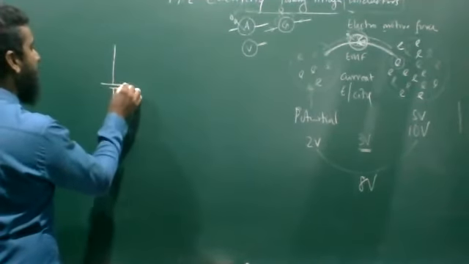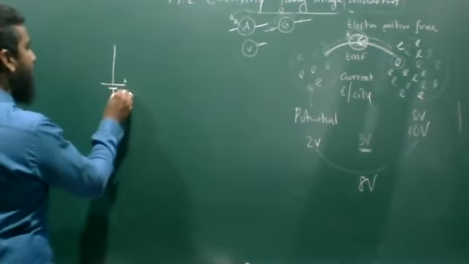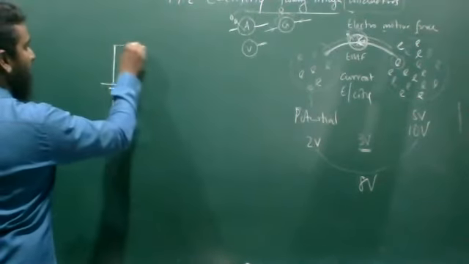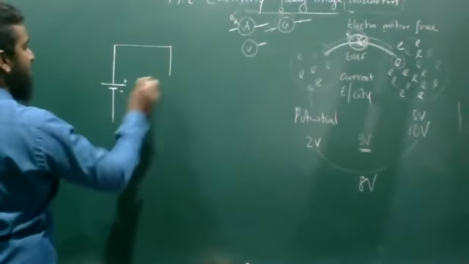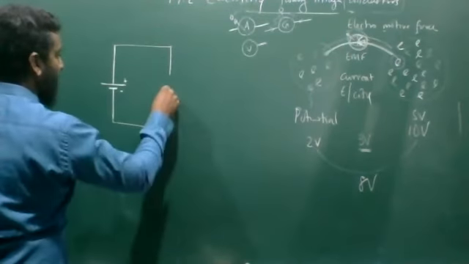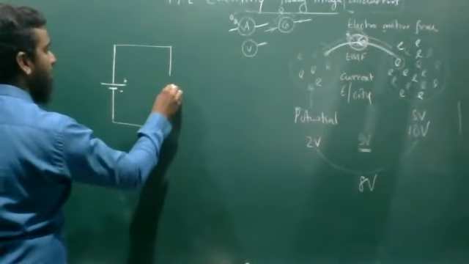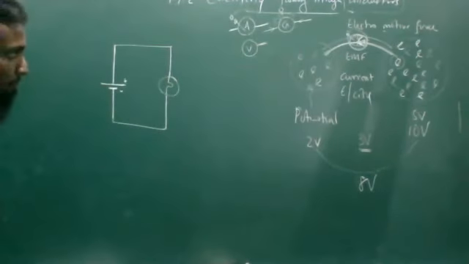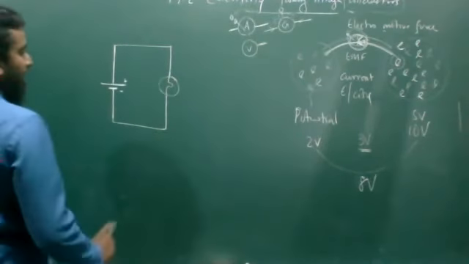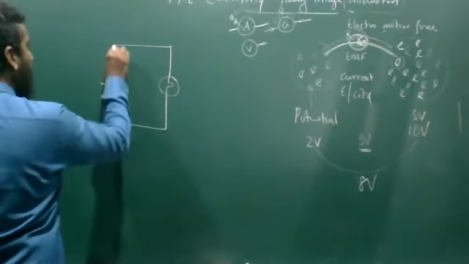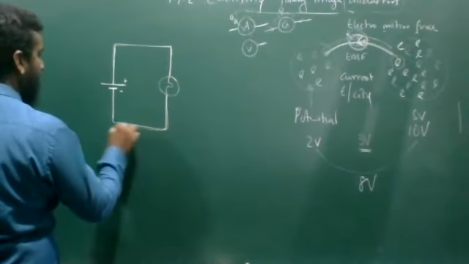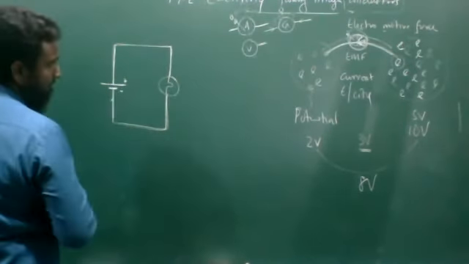The long line is positive and the short line is negative. This has been learned in your earlier grades. Now I'm going to connect a bulb here. This is the symbol of a bulb. The current is going to flow through this wire to the bulb and complete the circuit on this side.